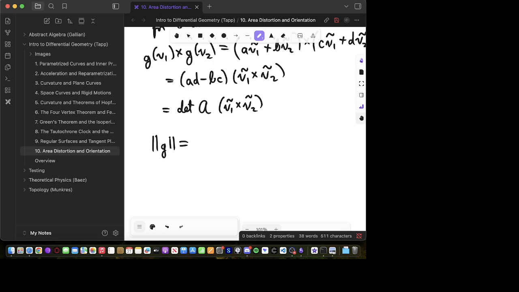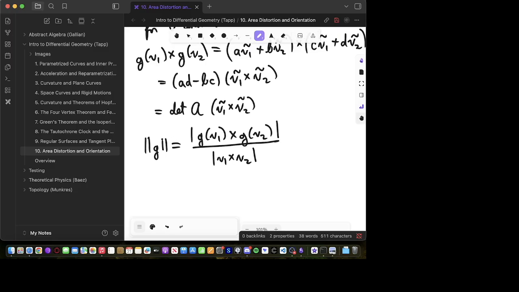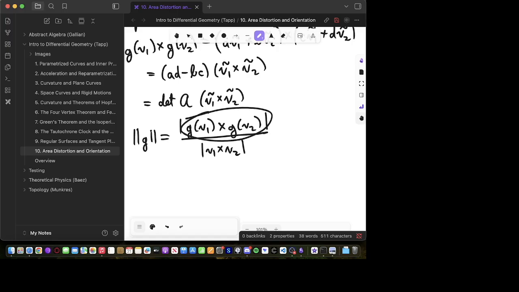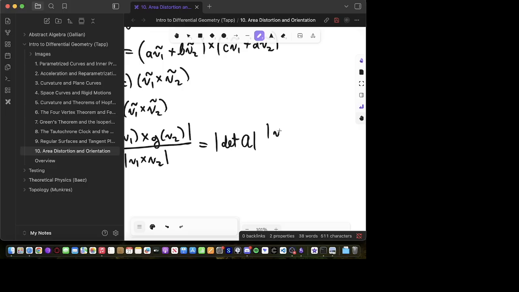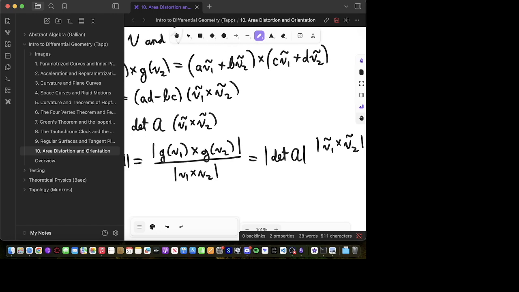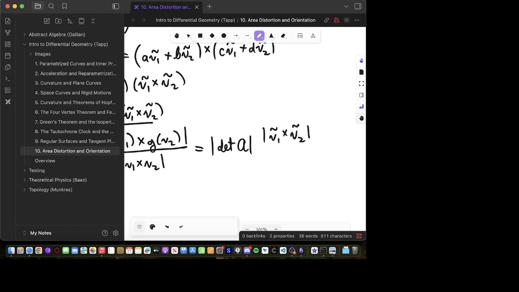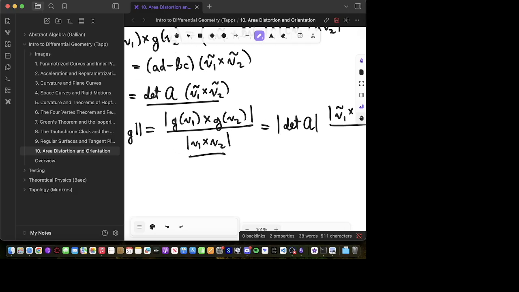Now let's look at this area distortion. So we got this, and we already know how to represent this. So we get, remember to keep the absolute value times, because we have this, over, and don't forget this.